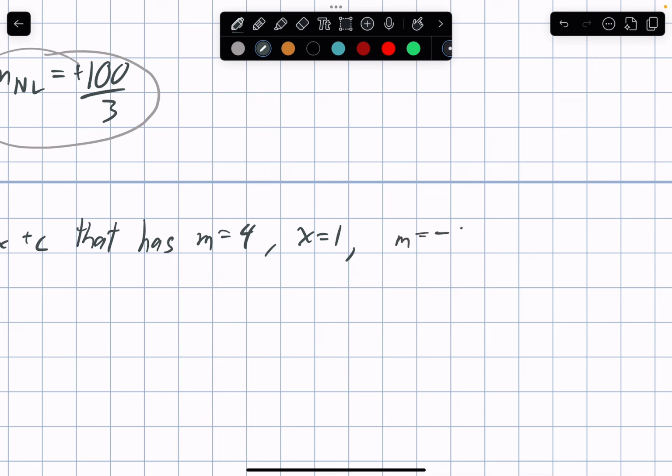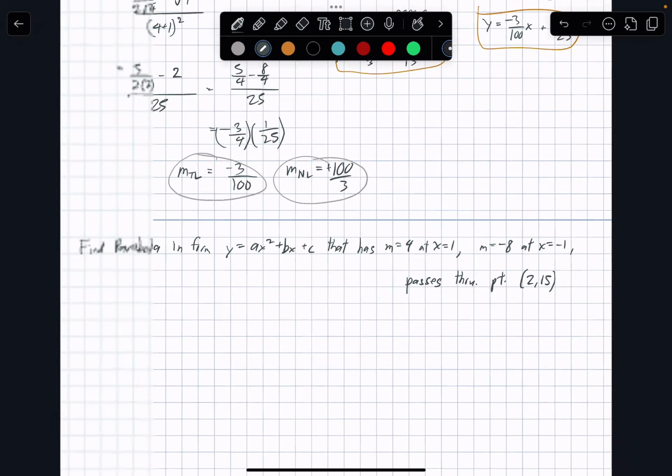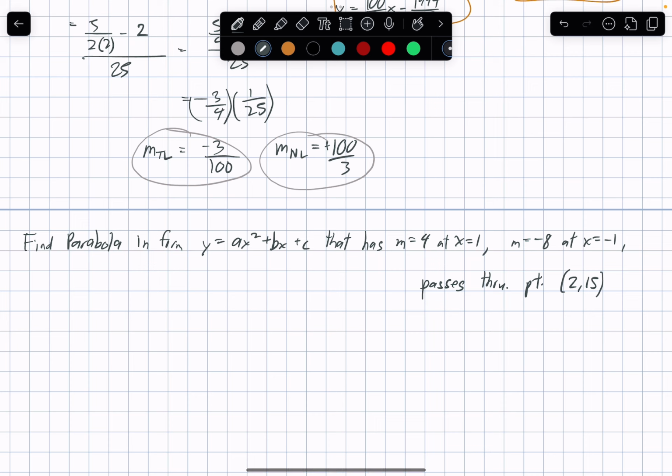Another slope, m is equal to negative 8 at x equal to negative 1, and passes through the point 2, 15. So we're tasked to find the parabola itself, the curve, in the form ax squared plus bx plus c. So what do we do given these values? This question is quite different from what we've previously answered.